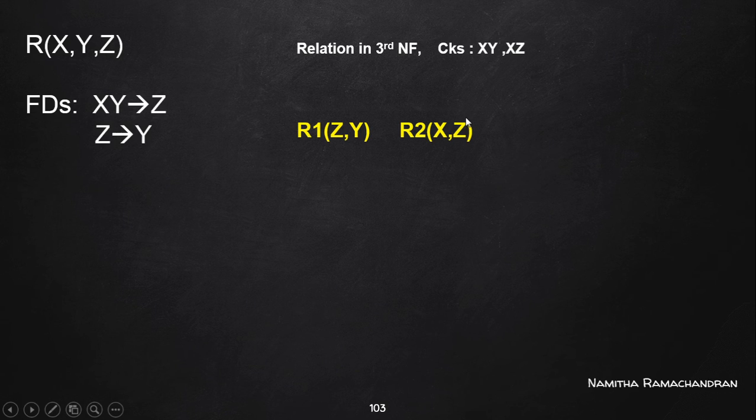Suppose you use the Y attribute value instead of this Z here, what happens now? In that case, using this Y value, we can define a relation between R2 and R1 because Y is also present here. But is it possible to uniquely identify different records of R1? This is not possible because the dependency is like this: Z derives different Y values uniquely.